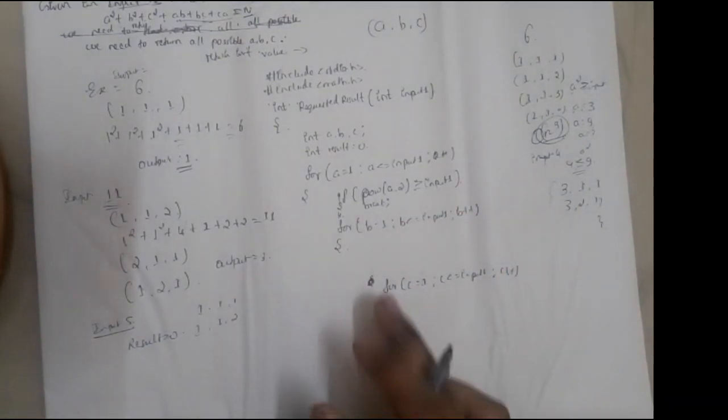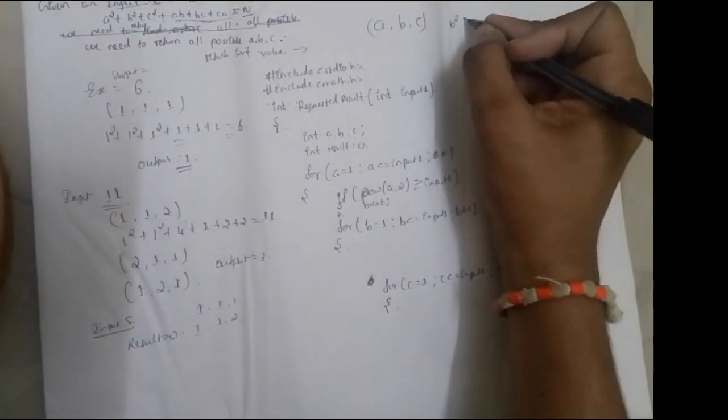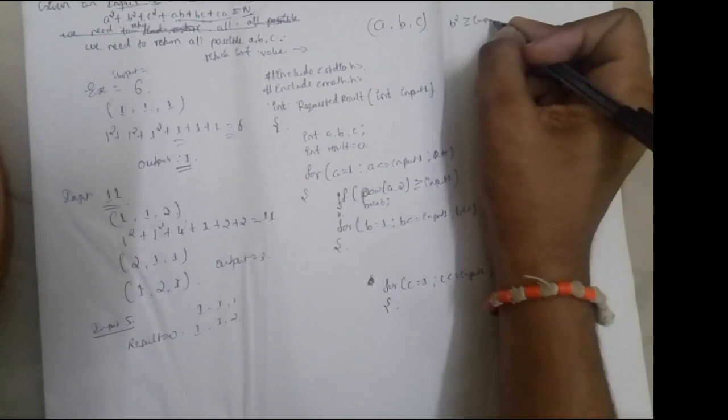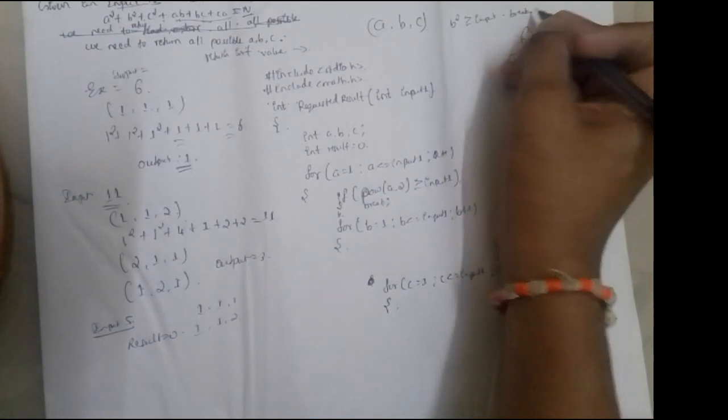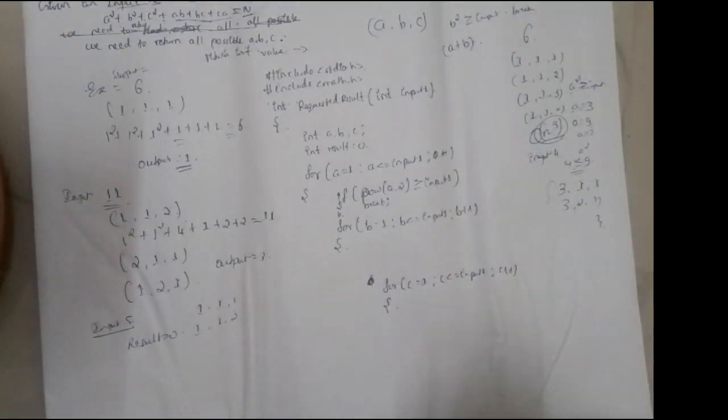Next, coming into this nested loop, similarly, if b square is greater than or equal to input, we need to break. Similarly, a plus b. Why did I choose this a plus b?